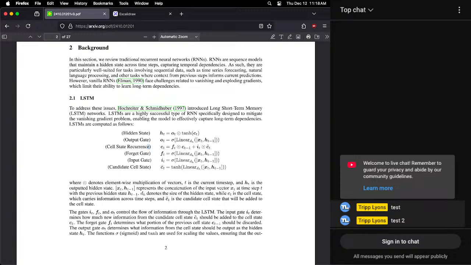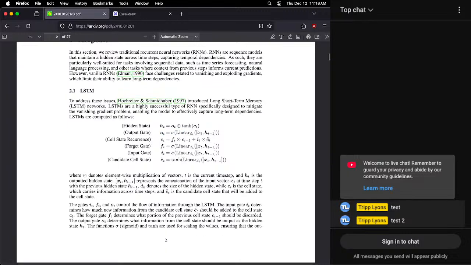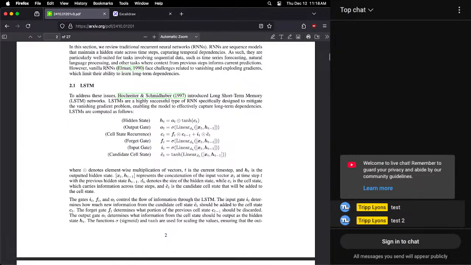They define C as a weighted sum of F and I, which are also linear in the input and the hidden state, similar to O. And then we again have another one that's linear.